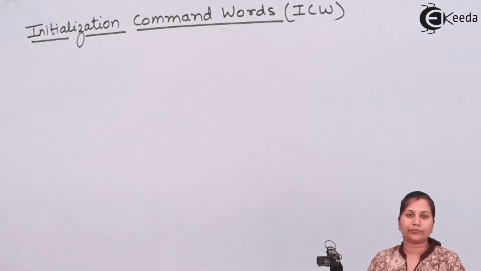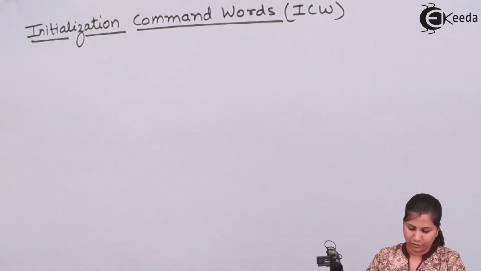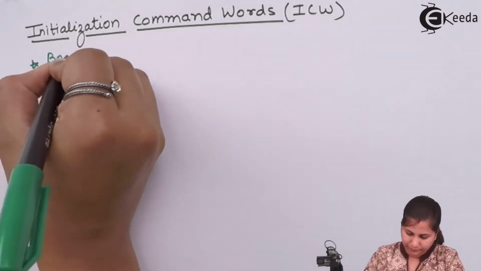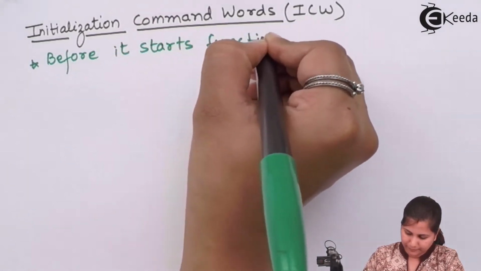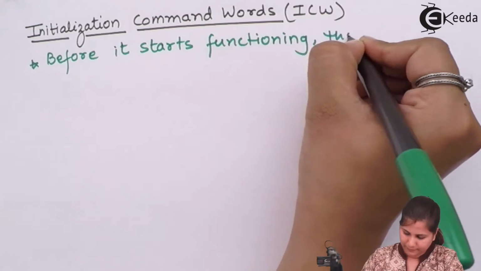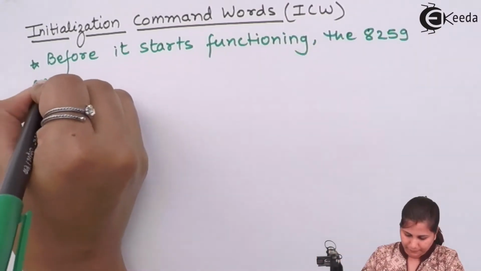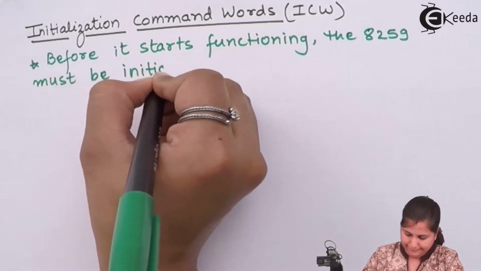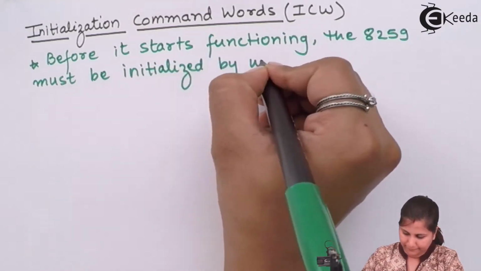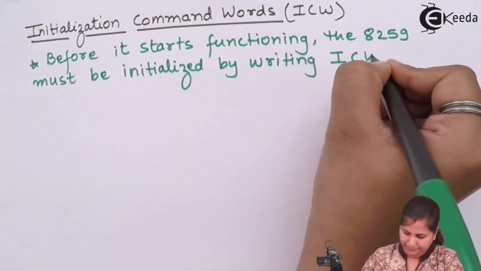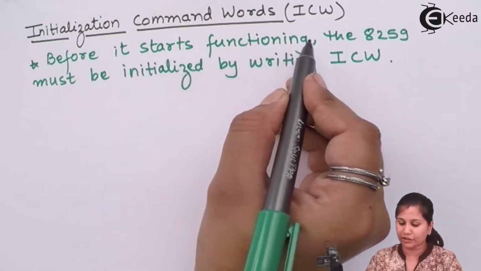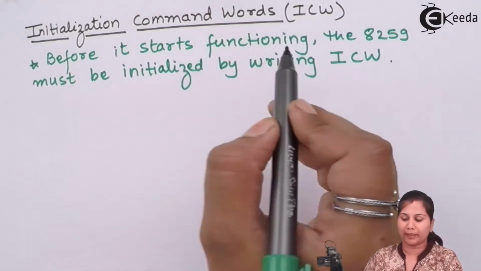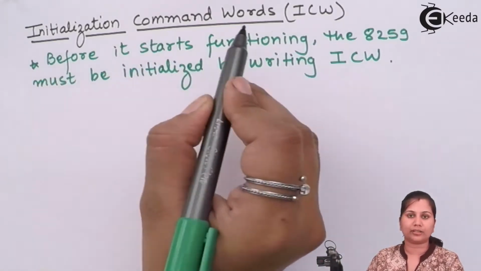Before the 8259 IC is used, the initialization command words are given. Before this 8259 IC starts functioning, it has to be initialized by writing the initialization command words.